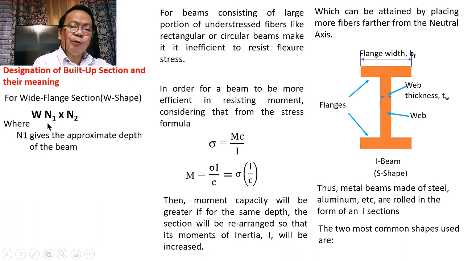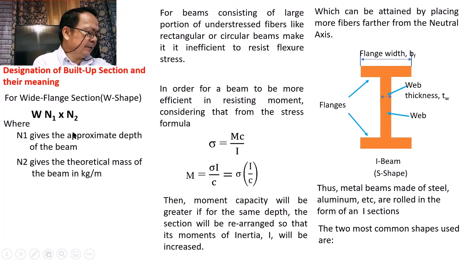Meanwhile, this N1 gives the approximate depth of the beam. Its depth, its height from here to here, can be seen from the first number that designates the section. The first number here, N sub 1, gives us the approximate depth of the beam. While N sub 2 here gives the theoretical mass of the beam.